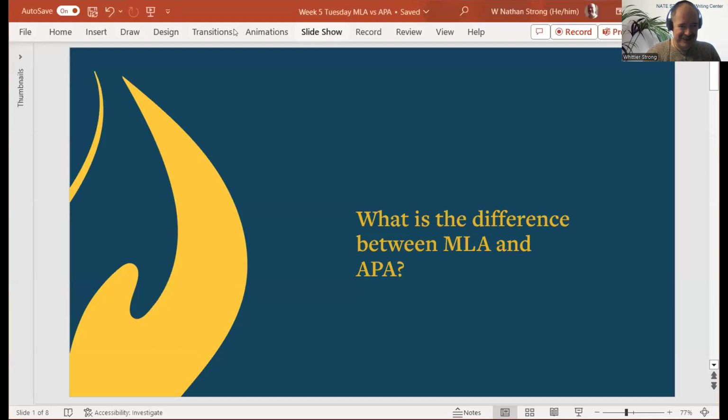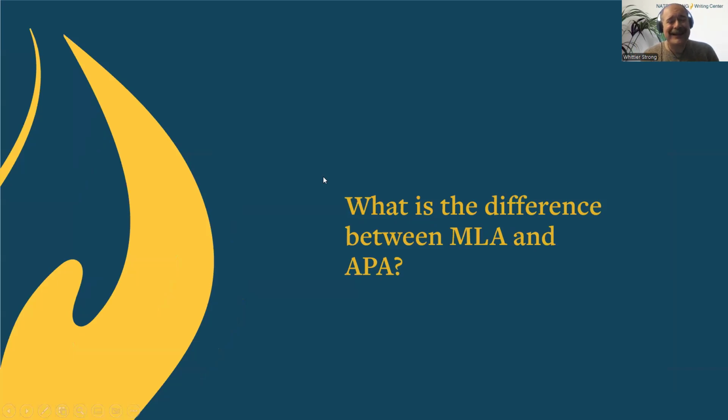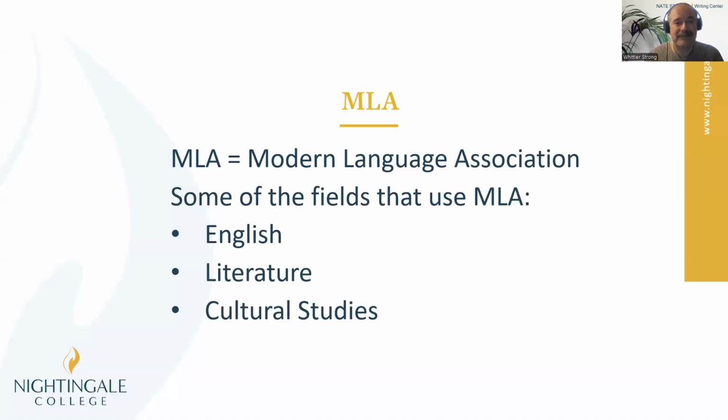All right, get us set up here. So yes, what is the difference between MLA and APA? MLA is the abbreviation for the Modern Language Association. This is a professional association that delves into the scholarship of language.